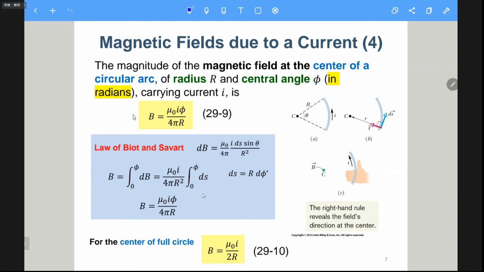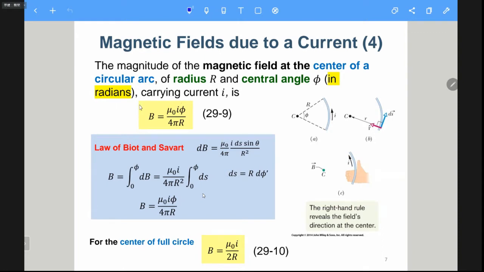Radian is very important because in calculus, usually the equation will be in radians to keep the formula elegant. Otherwise, if you need to use degrees, then you usually need to divide by 180 degrees and multiply by pi, and then the expression will be complicated.